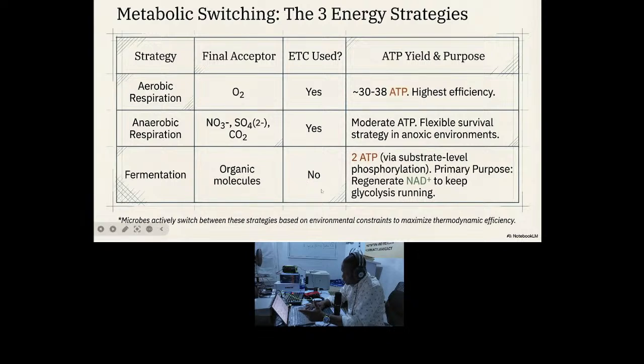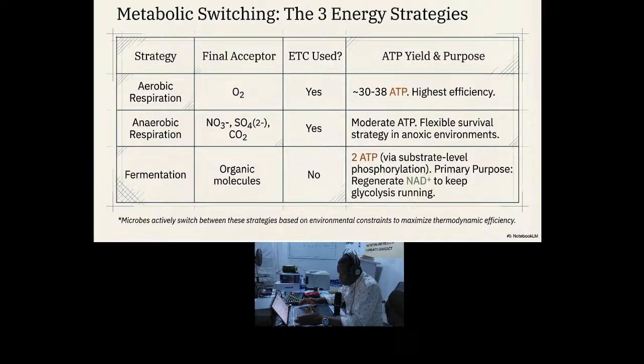At the end of the day, only 2 ATP via substrate-level phosphorylation. The primary purpose of fermentation is to regenerate NAD plus, to keep glycolysis running.